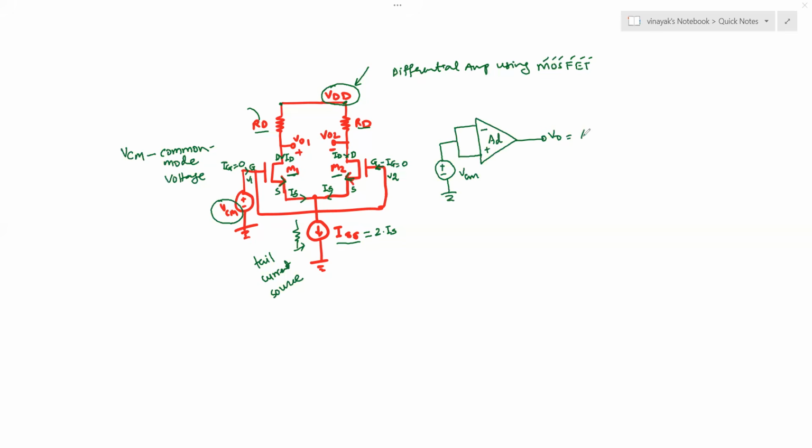So output is gain times VID, and since your VID is the difference between V1 and V2, and VCM is common to both inputs, the difference between the two inputs is 0, and therefore the output is also 0 ideally. So that's the advantage of a difference amplifier. It rejects the common mode signal and doesn't provide any output for the common mode signal.